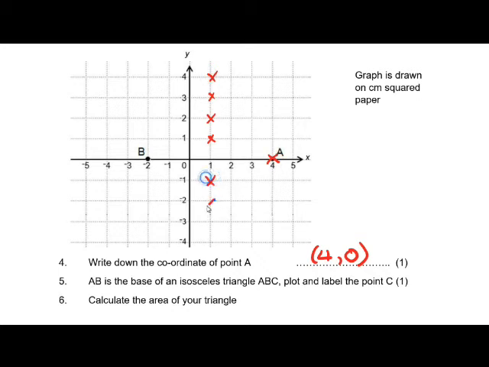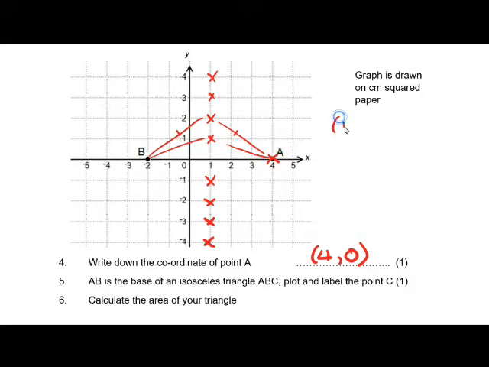Conversely, if you go here, here, here, or here, any of these will draw an isosceles triangle that has the base AB, because this length will always be the same as this length. So any of these coordinates will get you the mark.